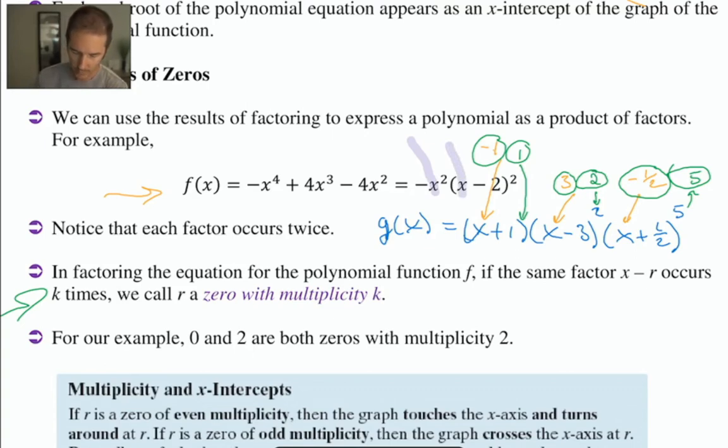So the zeros for that function are 0 and +2. This exponent of 2 means that 0 has a multiplicity of 2. This exponent of 2 means that this 0 has a multiplicity of 2. Too many 2's. Why didn't they do one of those with an odd exponent and one of them with an even exponent?